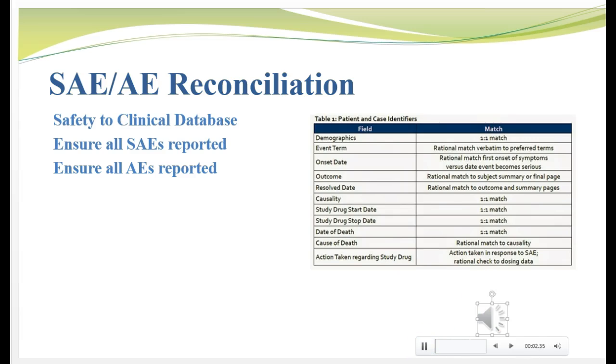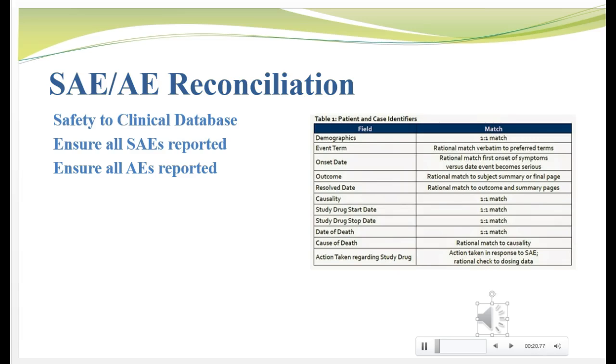We're going to talk really briefly about SAE to AE reconciliation. I have this separate from the other non-CRF data for two reasons. One is that you actually do get an adverse event CRF.